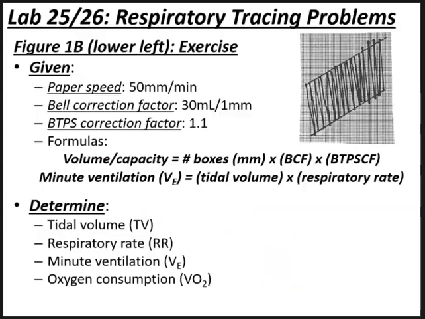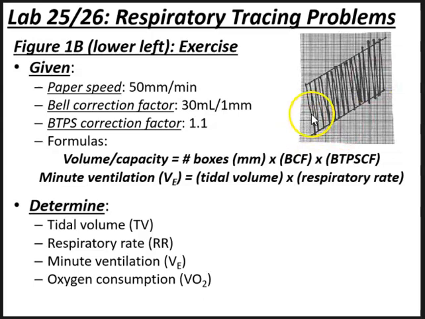Okay, so below that tracing, you have that tracing for exercise. I'm not going to go through it, but know that it's basically the same steps as the tracing for being at rest. We can already see there's a huge difference between this tracing and the rest tracing.